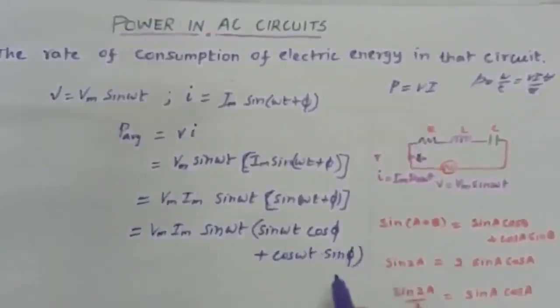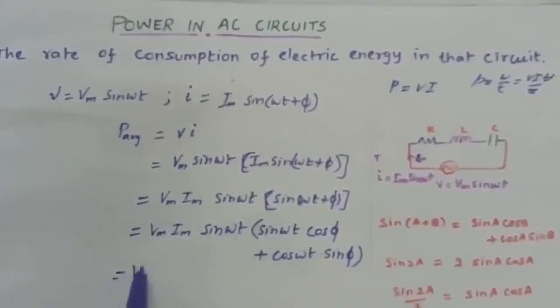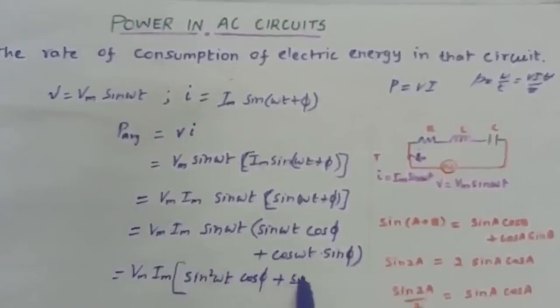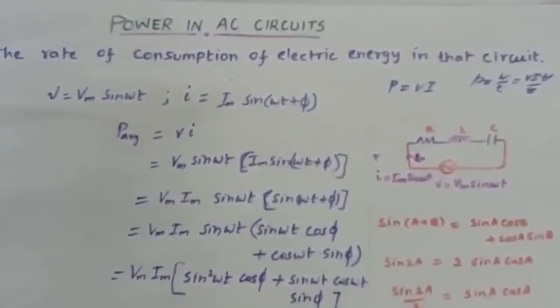Now multiply by sin omega t. Therefore Vm Im into (sin square omega t cos phi plus sin omega t cos omega t sin phi). Are you clear?